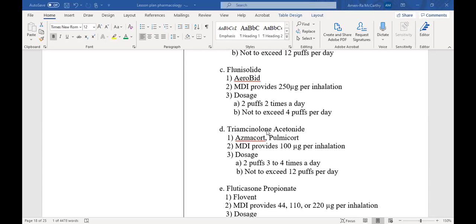I don't know if I have any Pulmicort. Do I have any Pulmicort? It has an orange label on it. No, I don't have any Pulmicort.